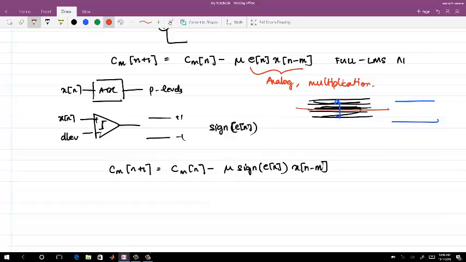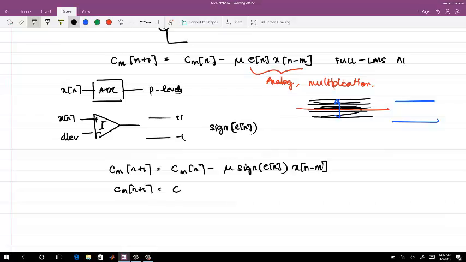So the easiest way is you do a very coarse quantization and you get only the sign of the error. That will make you come closer to the final settled value, but with a coarse amount. The way I have used the sign of error of n, I will also do the same thing for x of n minus 1. So I will get the sign of x rather than the actual ideal value.